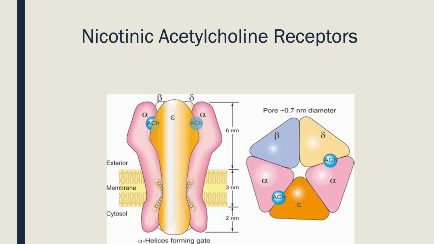Now, our nicotinic acetylcholine receptors are sometimes termed adult, contrasted with the fetal receptors. So now our adult receptors have 5 subunits, 2 alpha subunits, as well as a beta, a delta, and an epsilon. The fetal will have the gamma.